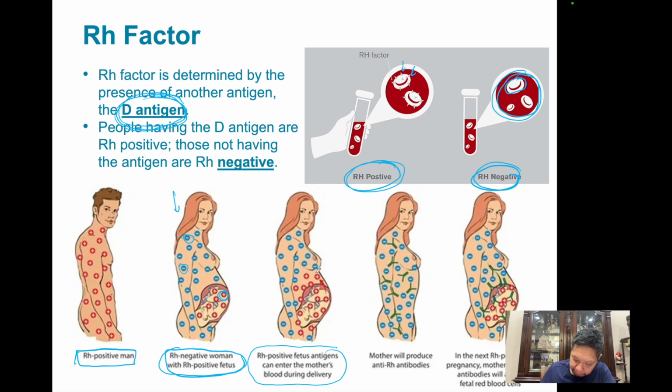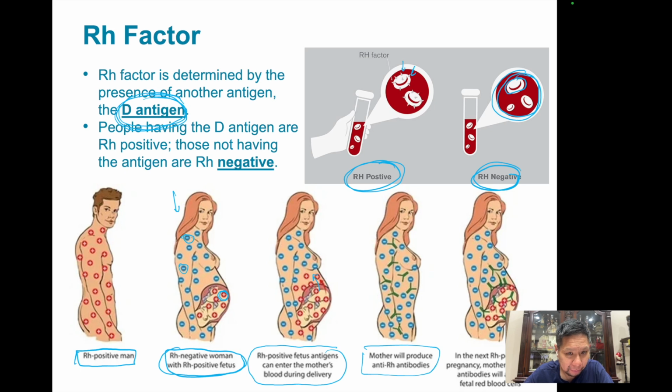And so some of the baby's Rh positive blood will enter the mom, which is perfectly fine, except that the mom will produce antibodies for the Rh positive blood, or the blood with a D antigen or the spikes on it.